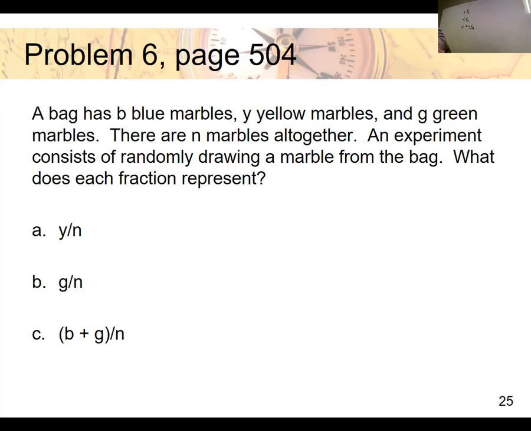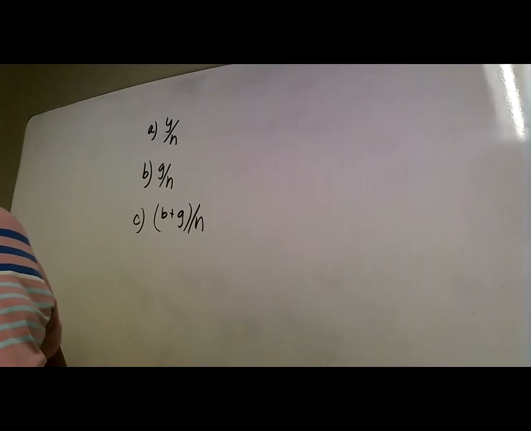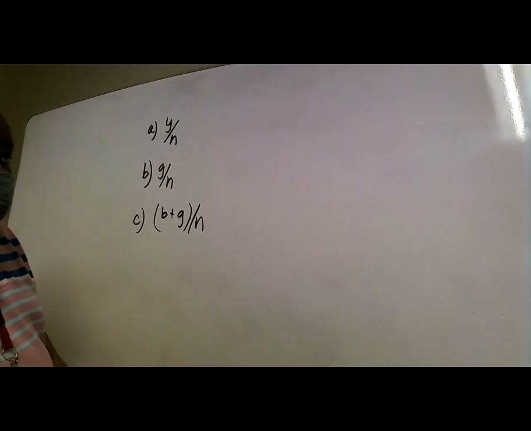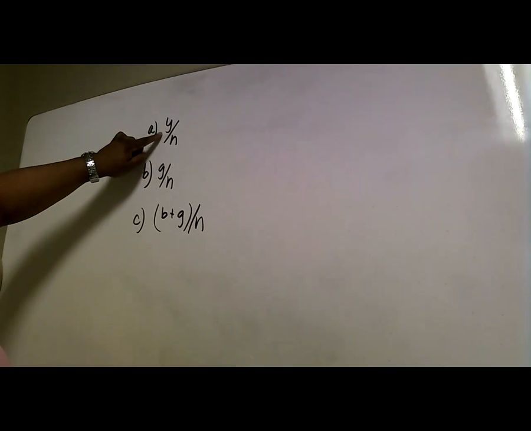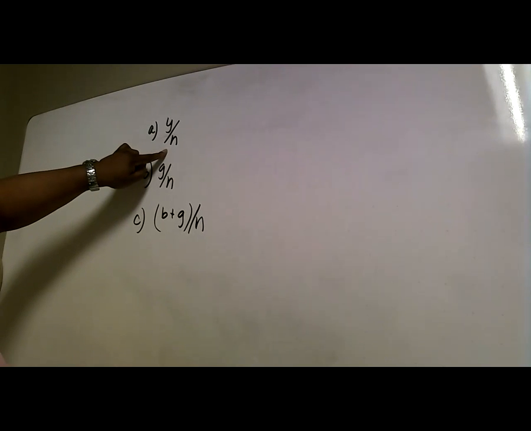B blue marbles, Y yellow marbles, and G green marbles. And N is the total number of marbles altogether. So that Y over N means this: the number of yellow marbles out of the total number of marbles in the bag.